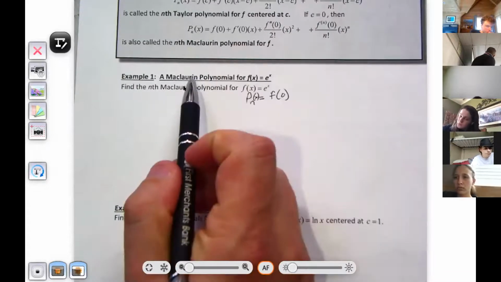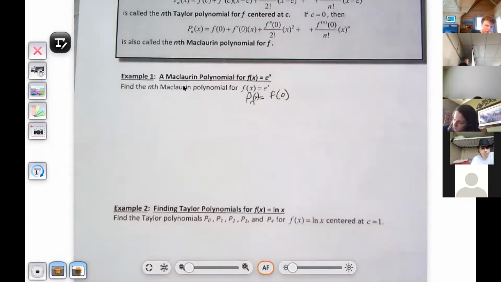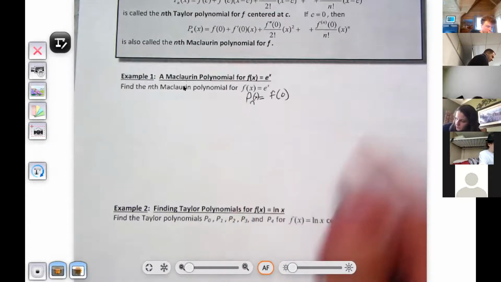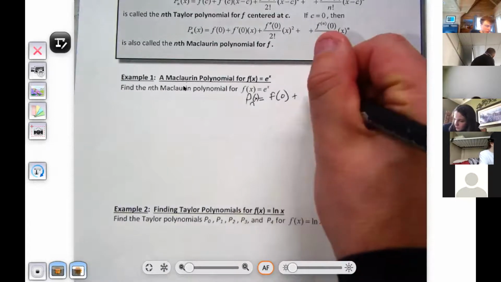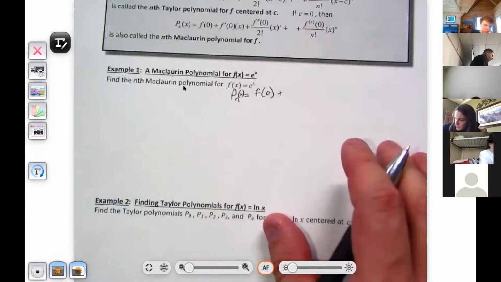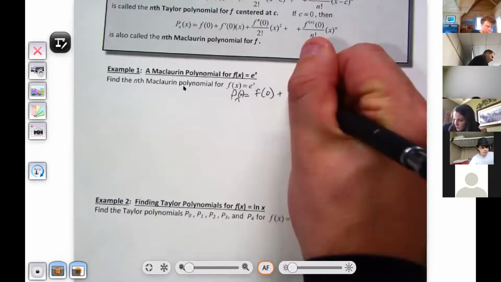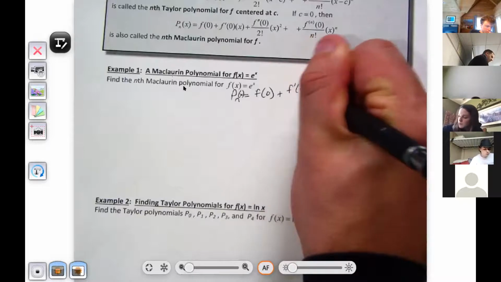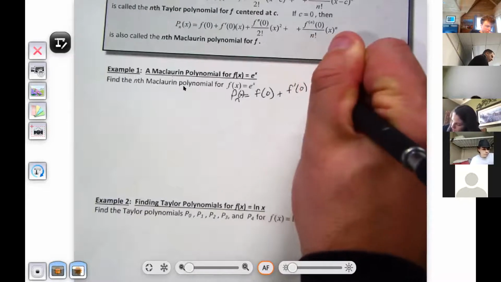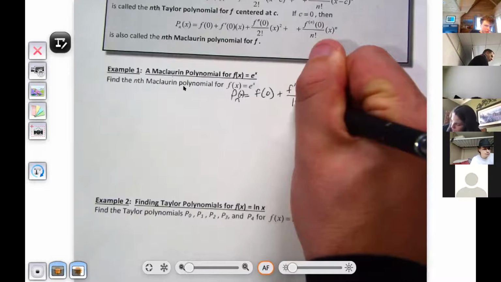Notice it says Maclaurin, so I know my x value is 0. My input is 0. That's how I know that. We have to hone in on that word Maclaurin. We're at 0. So it's f of 0 plus, now you don't have to write this, but I am for understanding purposes, whatever f prime of 0 times x to the first power over 1 factorial would be.